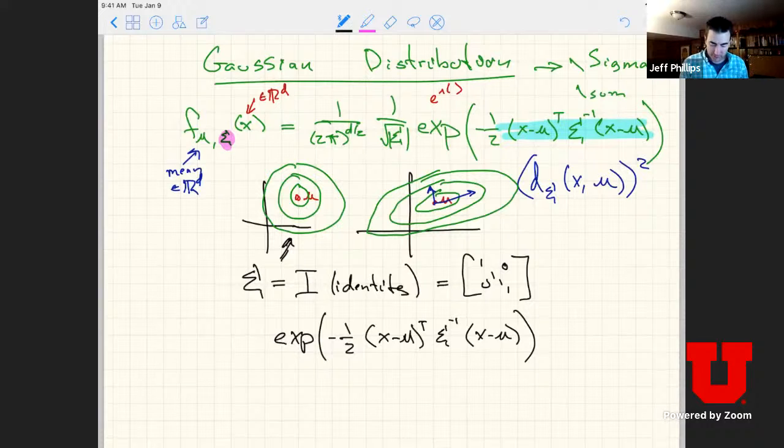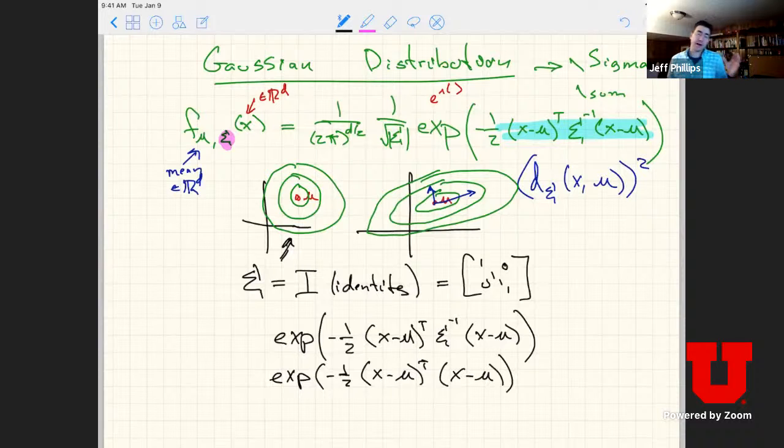So when I have sigma, the covariance here, as the identity matrix, then this is just going to be (x minus mu) transpose, the identity disappears, (x minus mu). Now I'm multiplying two vectors together, and when I write the transpose times the vector itself, that's one of the ways you can write the dot product.